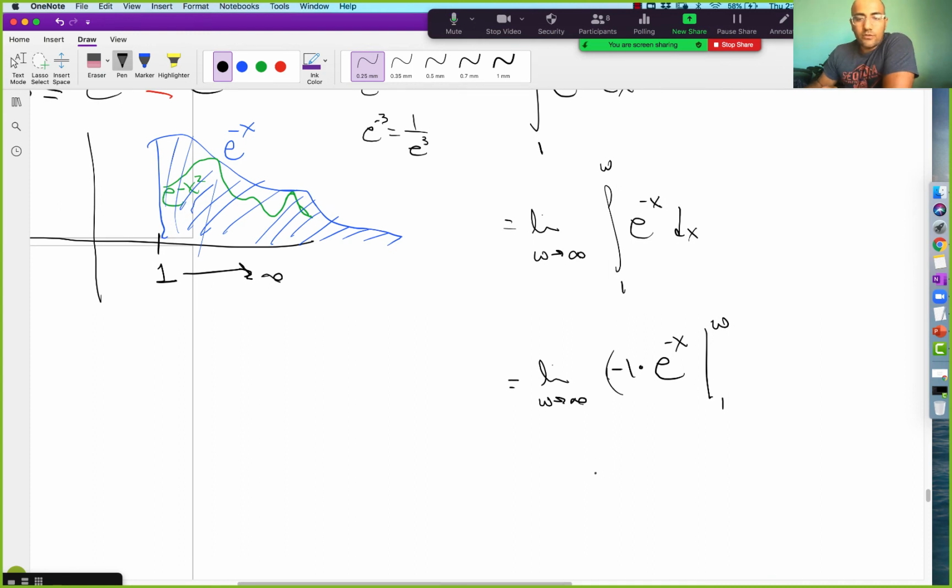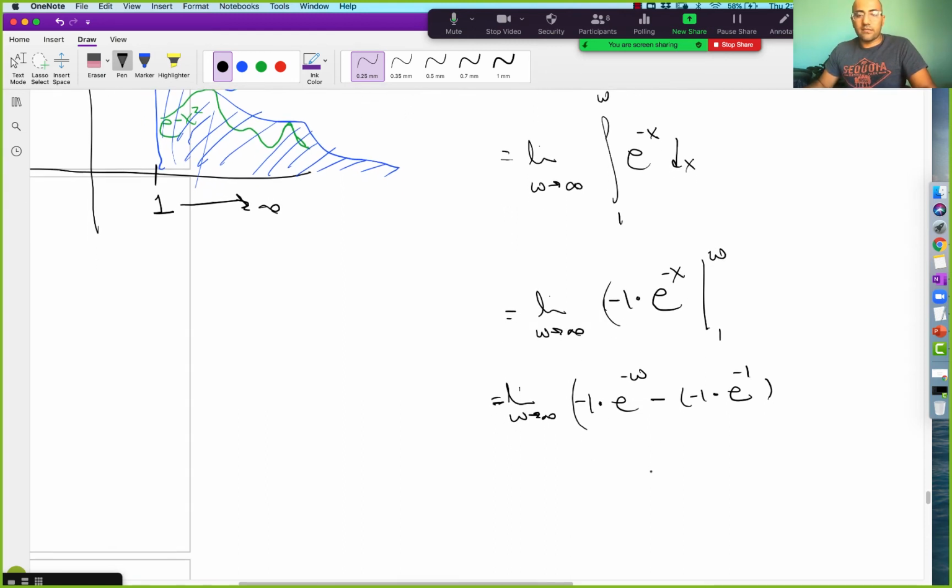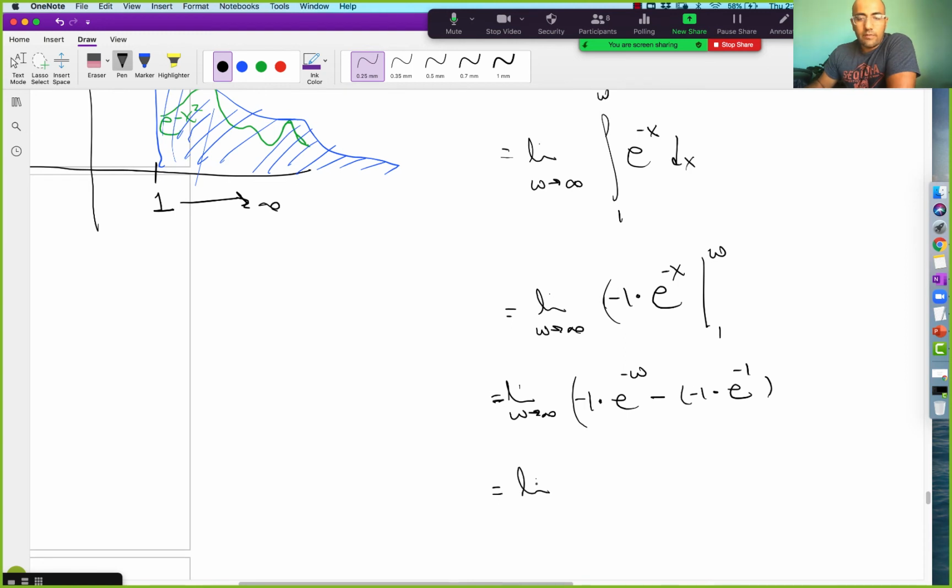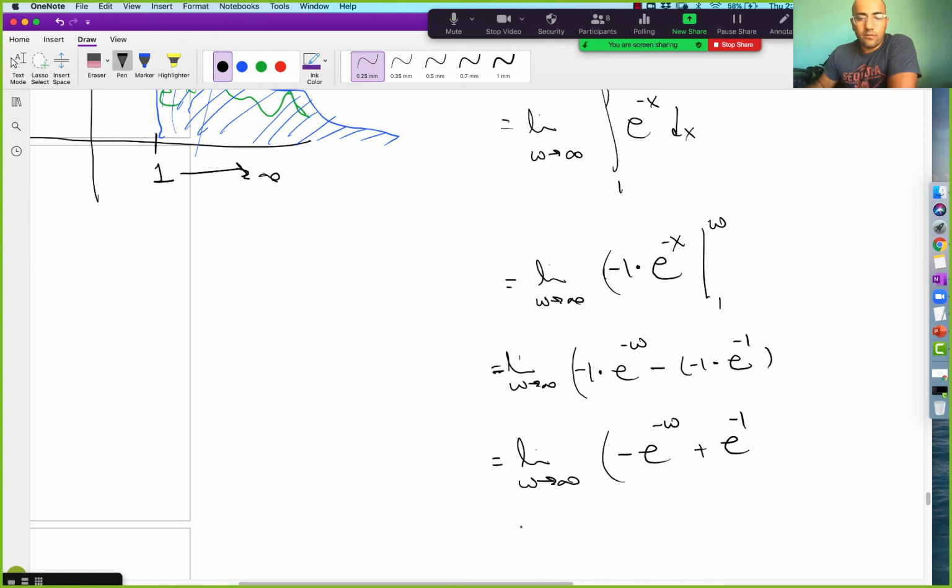So this would be equal to -1 times e to the minus w minus -1 times e to the -1. And then this is the limit as w goes to infinity of this whole thing. So we can simplify that a little bit. That's going to be a plus there. So the limit as w goes to infinity of -e to the minus w plus e to the -1, which I can flip around.